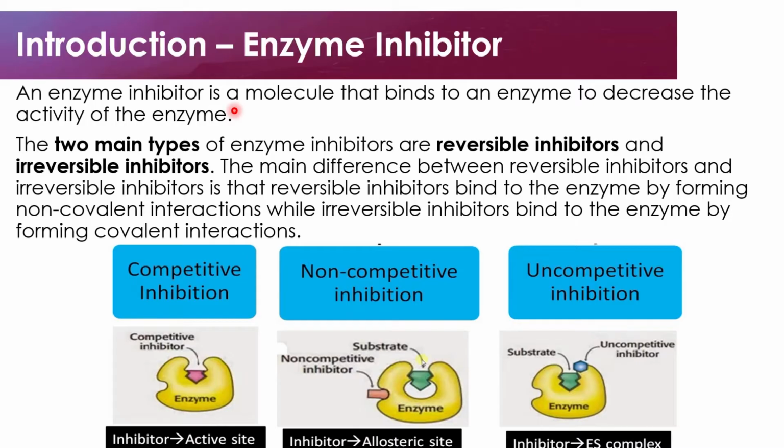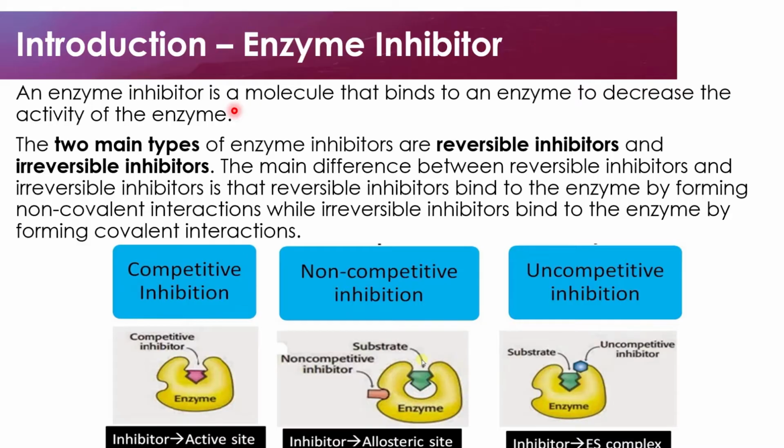And the two main types of enzyme inhibitors are reversible inhibitors and irreversible inhibitors. The main difference is that reversible inhibitors bind to the enzyme by forming non-covalent interactions, whilst irreversible inhibitors bind to the enzyme by forming covalent interactions.